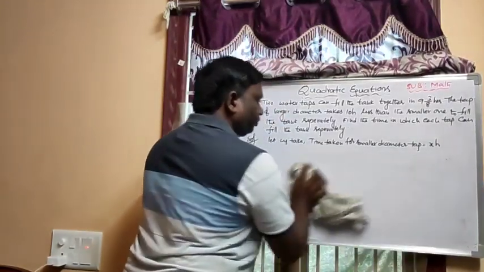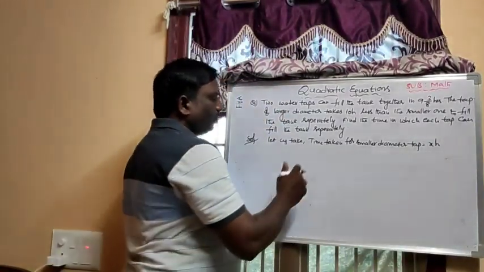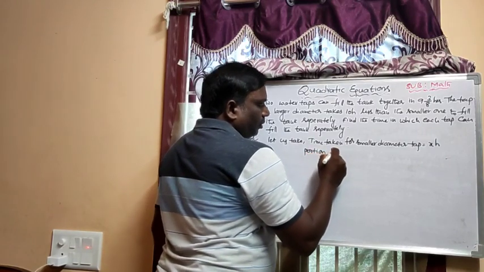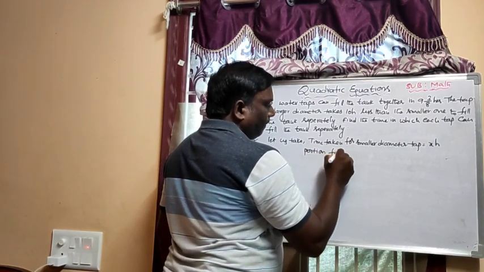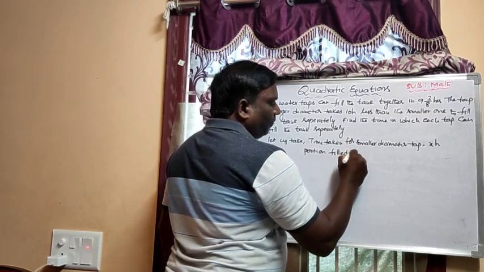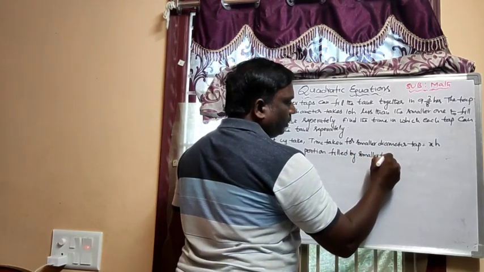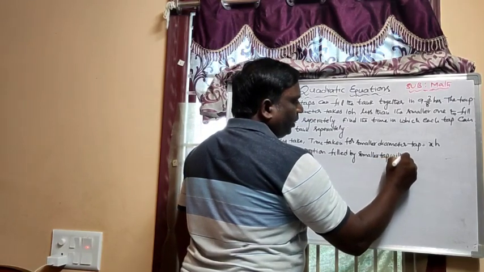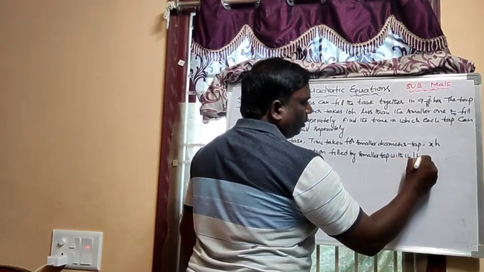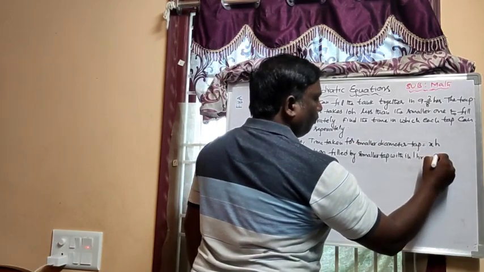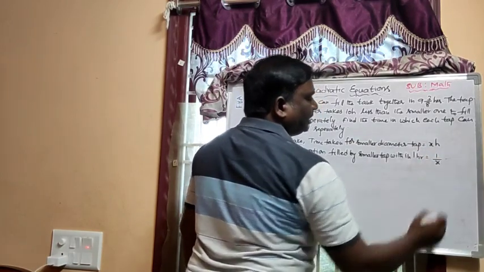Now the portion filled by the smaller tap within 1 hour is 1 by X portion.